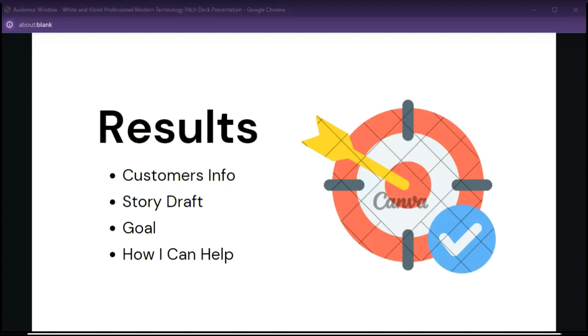Then in terms of story, I can draft my story from the pinpoint, the goal, and how I can help. Now, in terms of pinpoint, maybe Edwin doesn't get the kind of customers he wants. Edwin wants to build and maintain his services online.